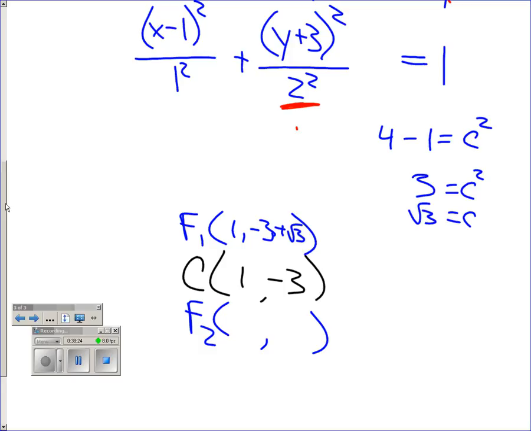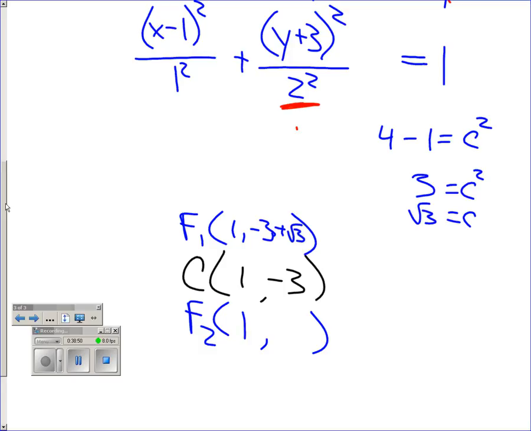And then we're going up that focal length, root 3, because we're going up. We're going up root 3 units. That's why it's positive. Now, when we come down here, what are we going to have? That's right. Negative 3 is the starting point here for y from the center, right? And now then, what's this one going to be?